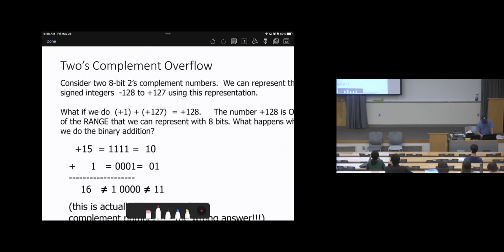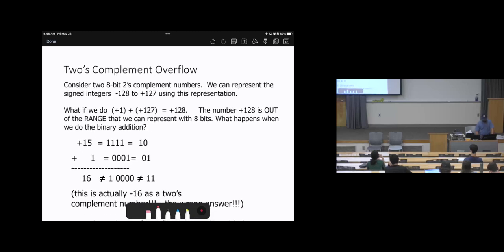So why is this helpful, or why do we need to know about the range? Because there's something we call 2's complement overflow. What does this mean? If a number is out of range, what will happen?